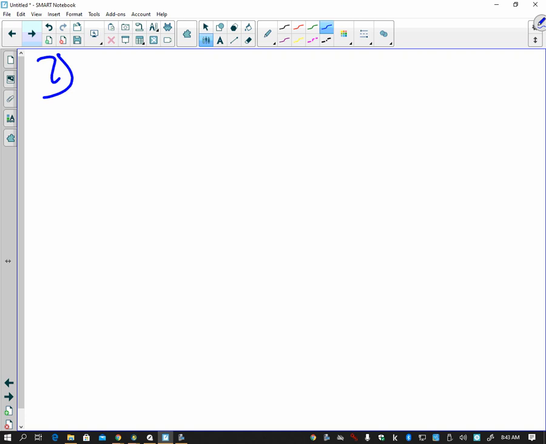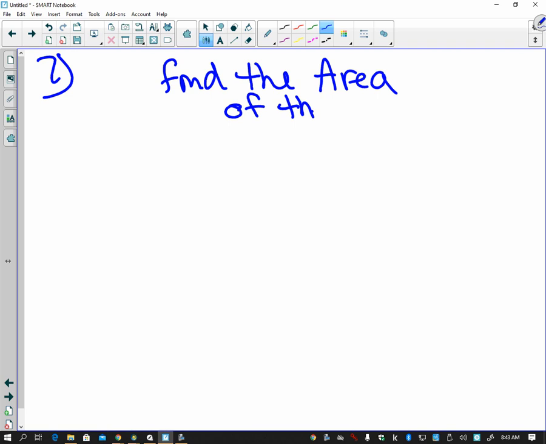Seven. I don't know. We'll try to get through this. Yeah, I think you'll be okay. Find the area of the rectangle.